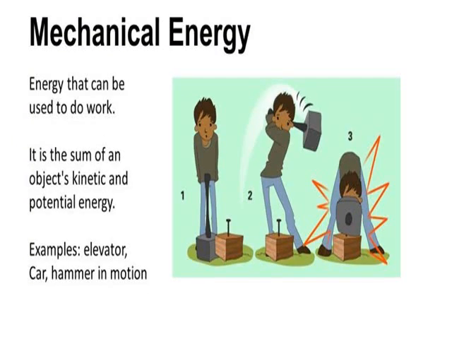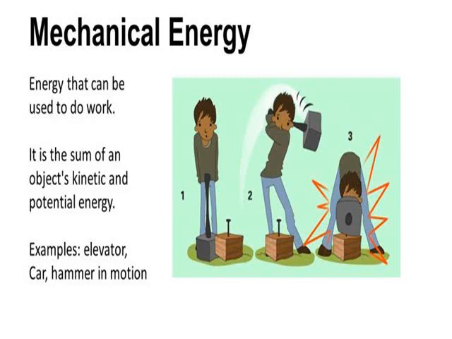Now, energy can be classified into many types, such as mechanical energy, electrical energy, sound energy, and so forth. In this, we are going to focus only on mechanical energy.